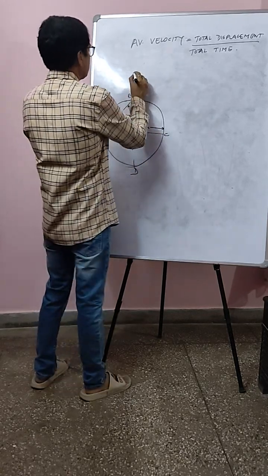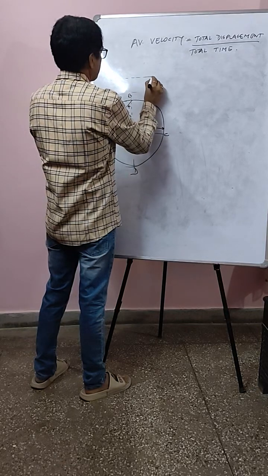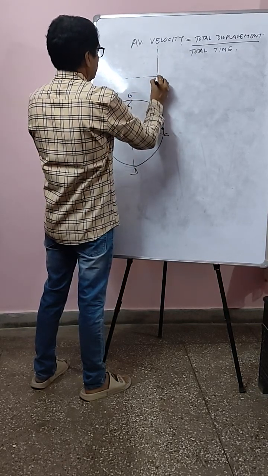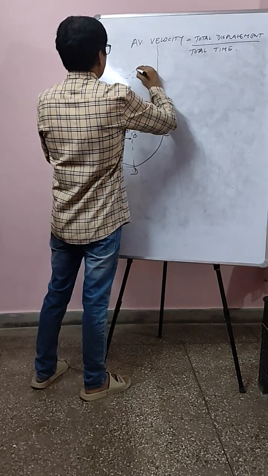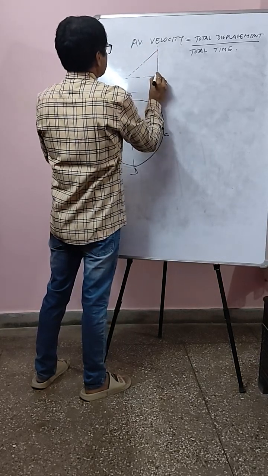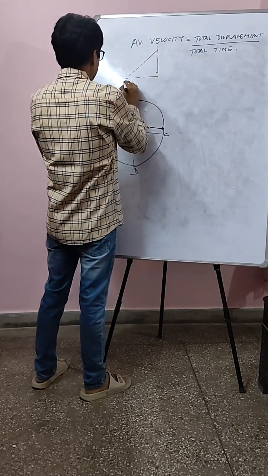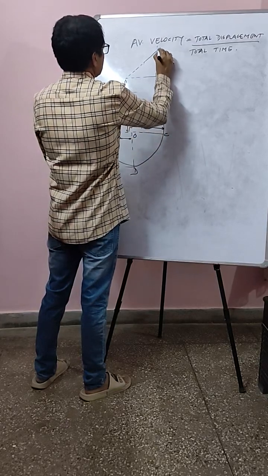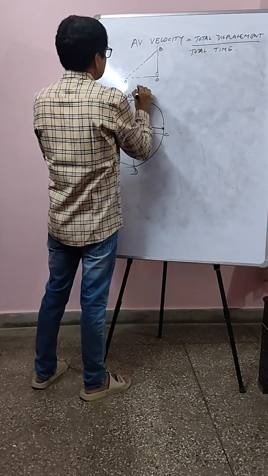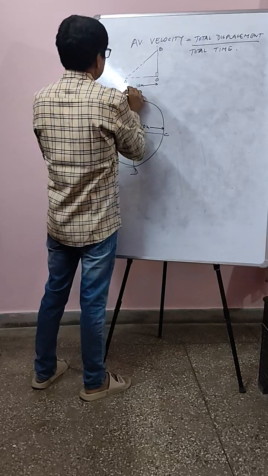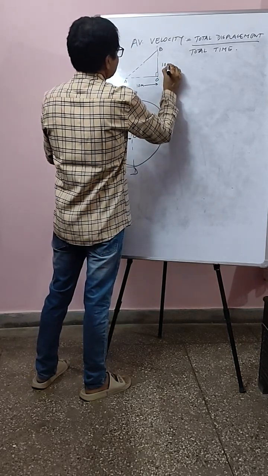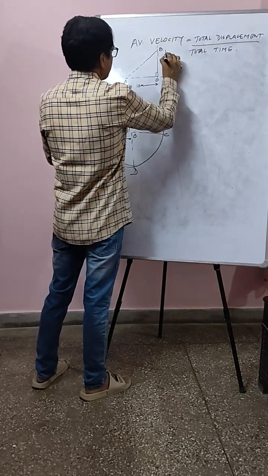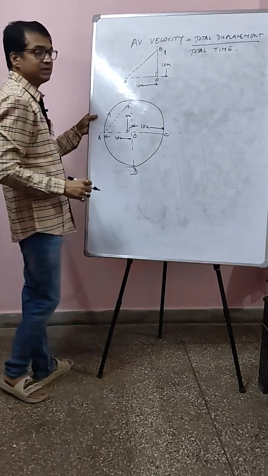What we have is a triangle like this. This is A, this is O, and this is B. So this length is 10 meter and this is 10 meter, they are radii.